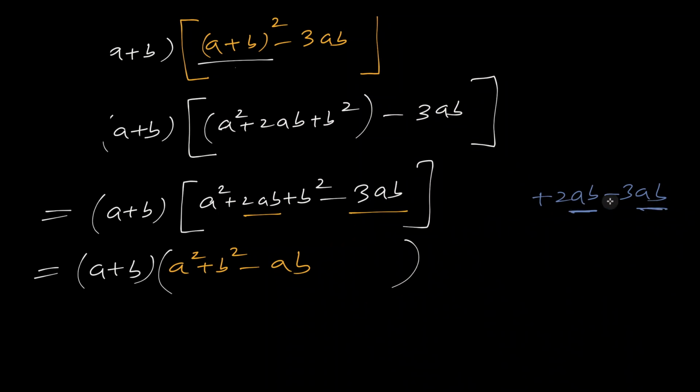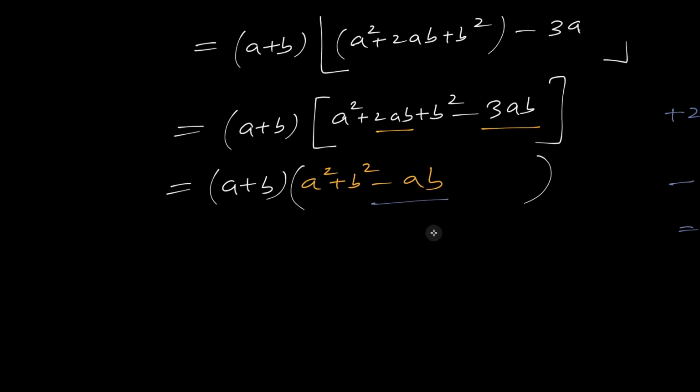That's the reason we can subtract and add these two. So the higher sign is minus. So I'm going to put minus, and 3 minus 2 is 1, and ab is ab. So 1 into ab is as good as minus ab. But keep in mind that this is going to be minus. That's the reason we have written minus ab.